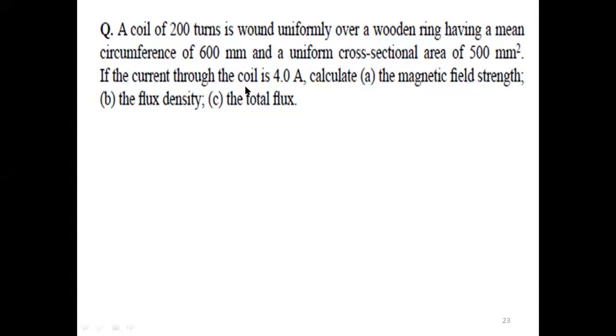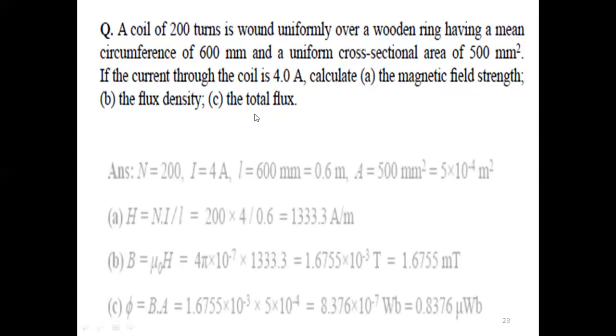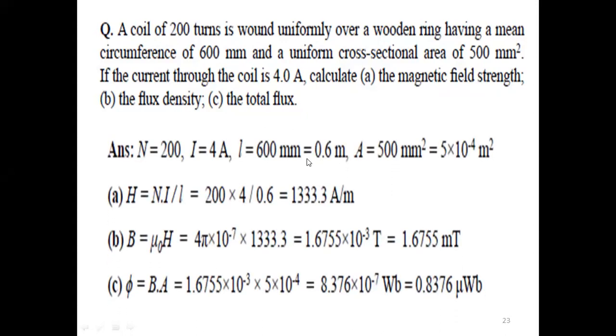If the current through the coil is 4 ampere, I equal to 4 ampere. Calculate the magnetic field strength, second the flux density, and third the total flux. So first we have to write the given data. N equal to 200, I equal to 4, L equal to 600 into 10 to the power of minus 3.